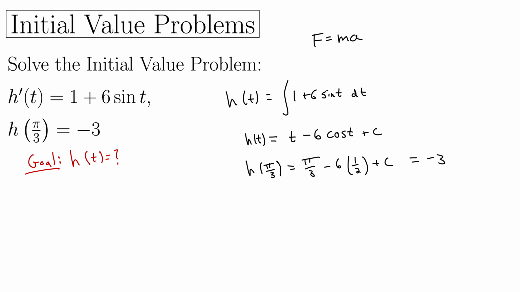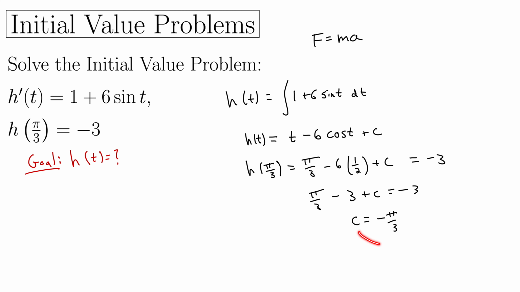How do I know that? Well, because it's given over here. We can use this to solve for c, right? So this gives us pi over 3 minus 3 plus c equals minus 3. Add c to both sides and subtract off pi over 3. We get c equals negative pi over 3.